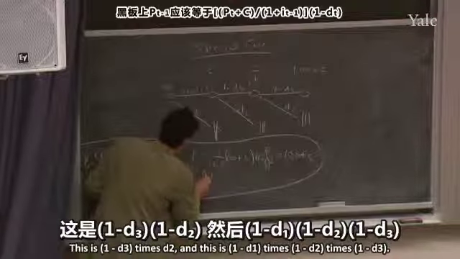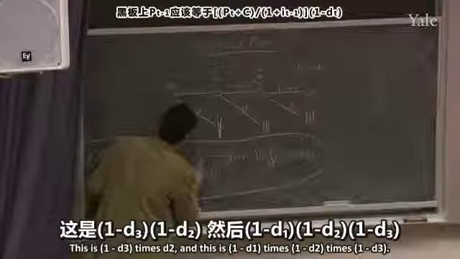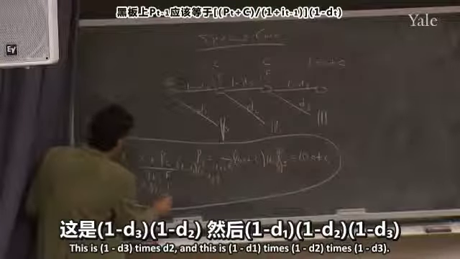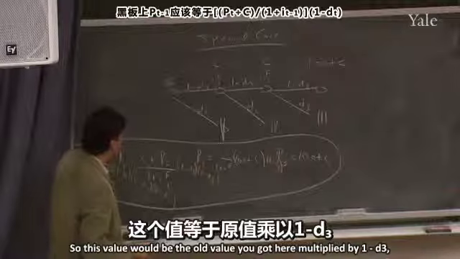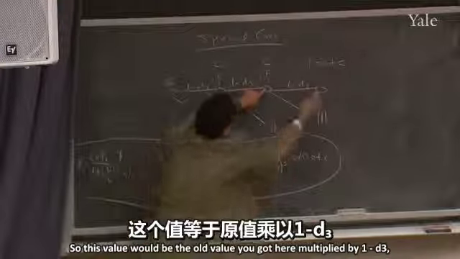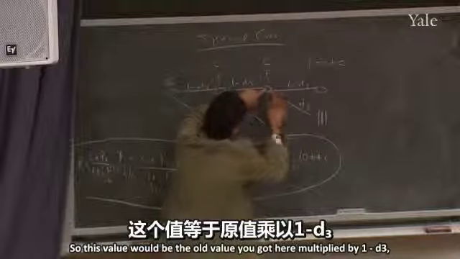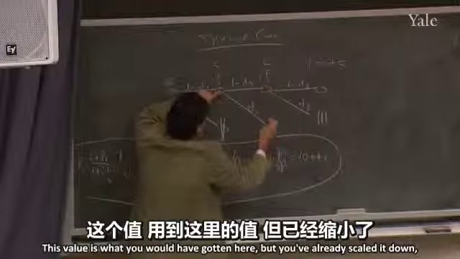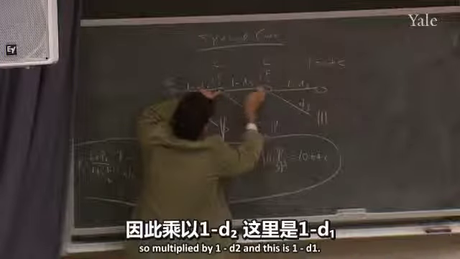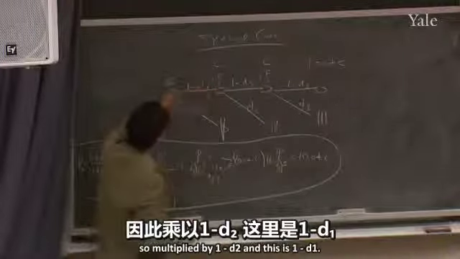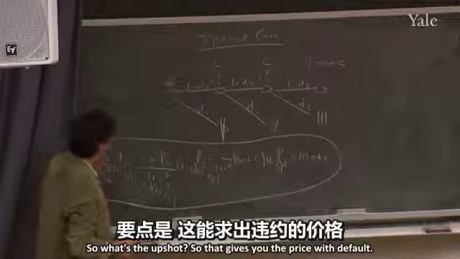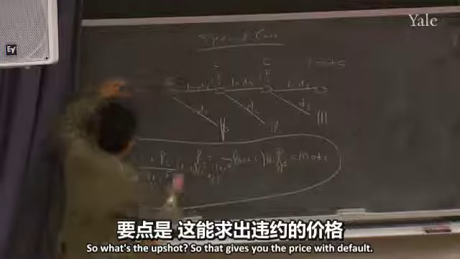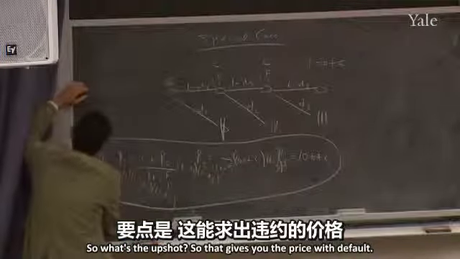This is 1 minus D3 times 1 minus D2, and this is 1 minus D1 times 1 minus D2 times 1 minus D3. Okay, so this value would be the old value you got here multiplied by 1 minus D3. This value is what you would have gotten here, but you've already scaled it down, so multiplied by 1 minus D2, and this is 1 minus D1. So what's the upshot? That gives you the price with default.